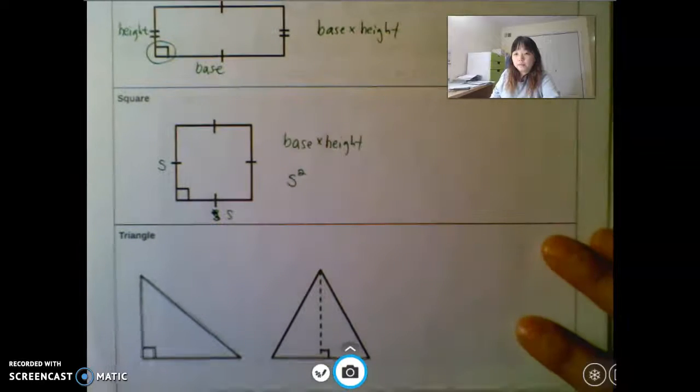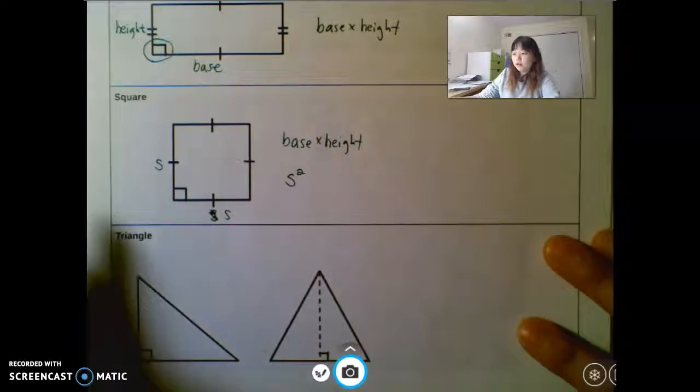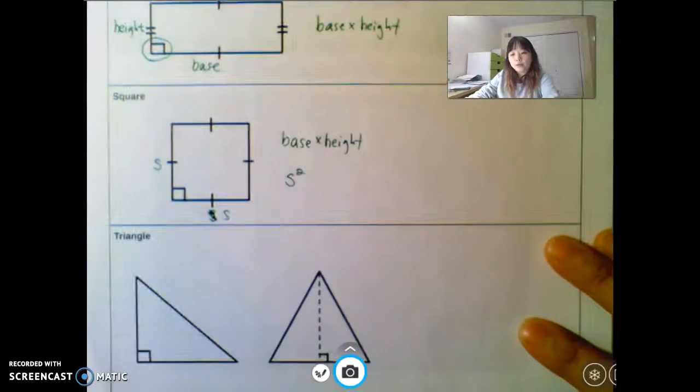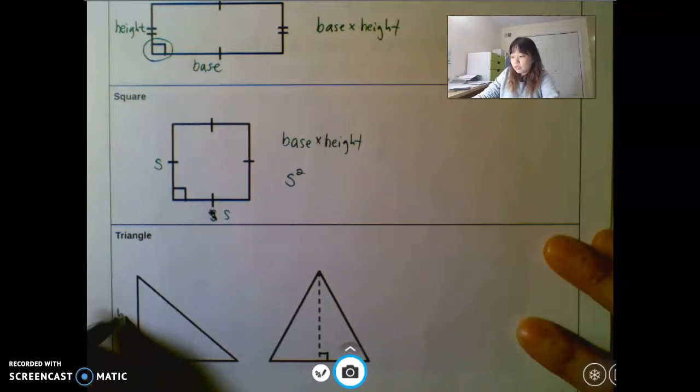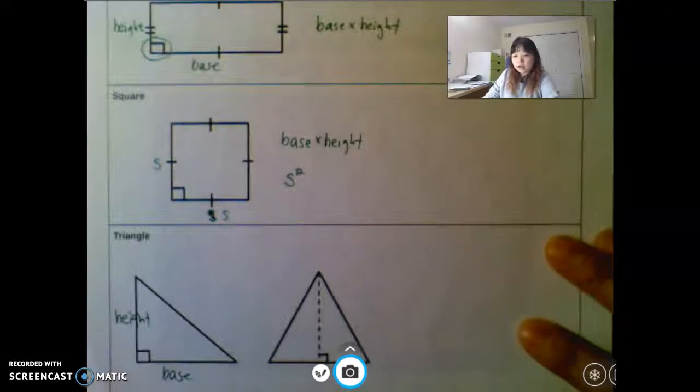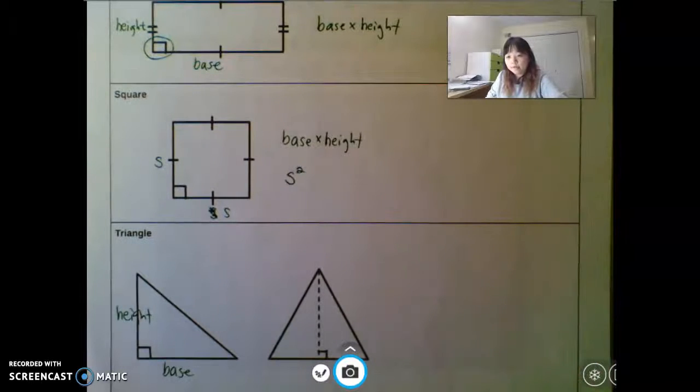A triangle is kind of like why I wanted to call this base times height. Base and the height always make 90 degrees, but a triangle is half of it.